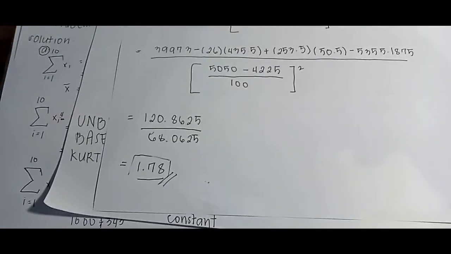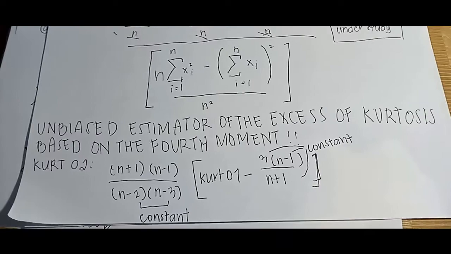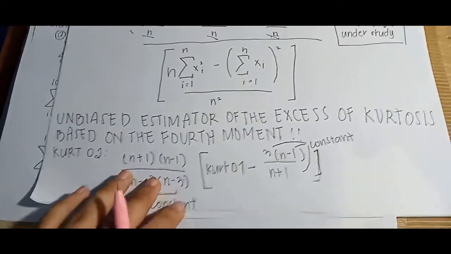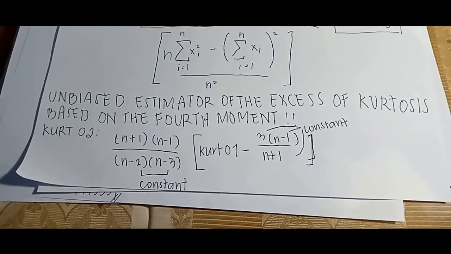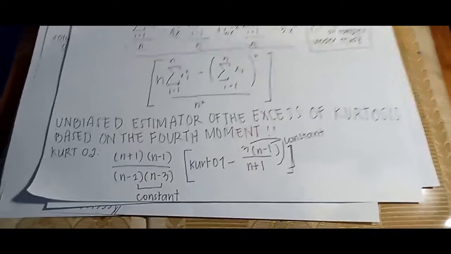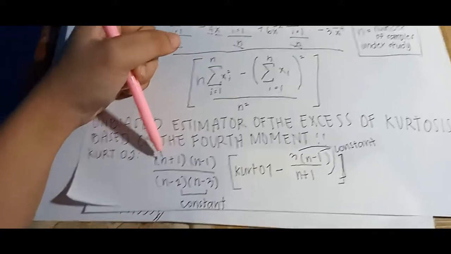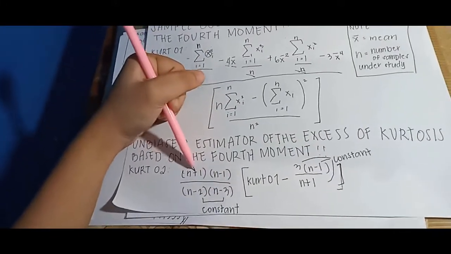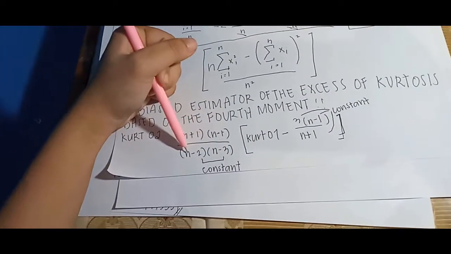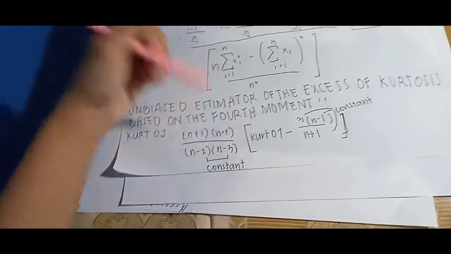Okay, so next. Before we start with kurtosis 2, I want to explain the formula to get the answer for kurtosis 2, which is the unbiased estimator of the excess of kurtosis based on the fourth moment. It's very easy. So all we have to do is get the product of the number of samples plus 1, the number of samples minus 1, and the product of the number of samples minus 2 and the number of samples minus 3.